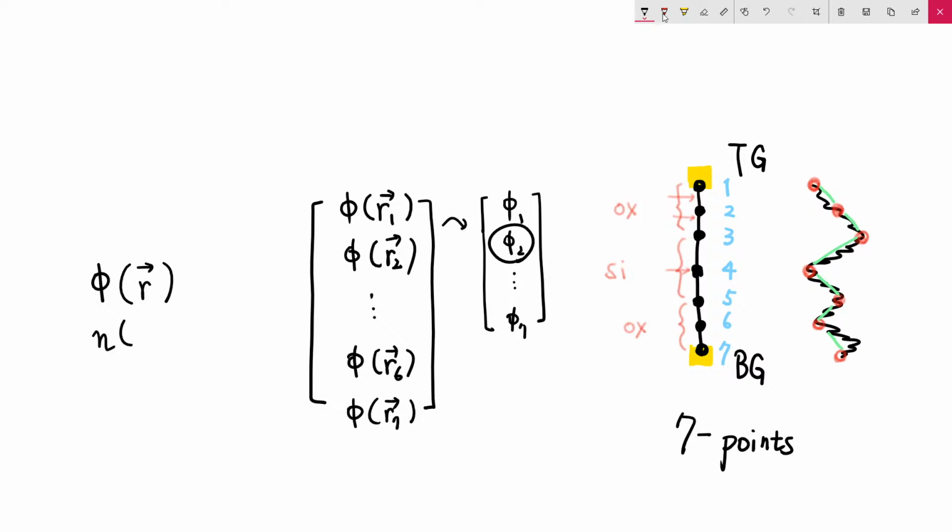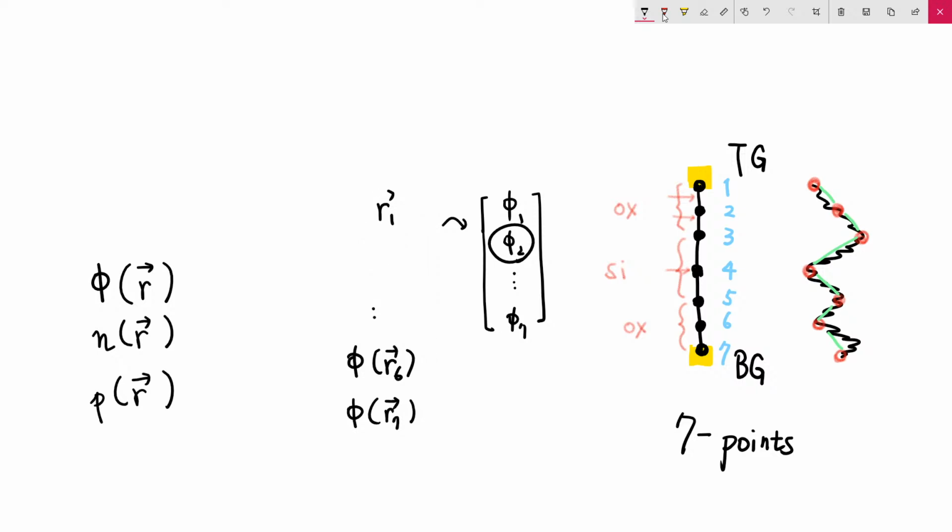For example, N and P. Then how can you do that?